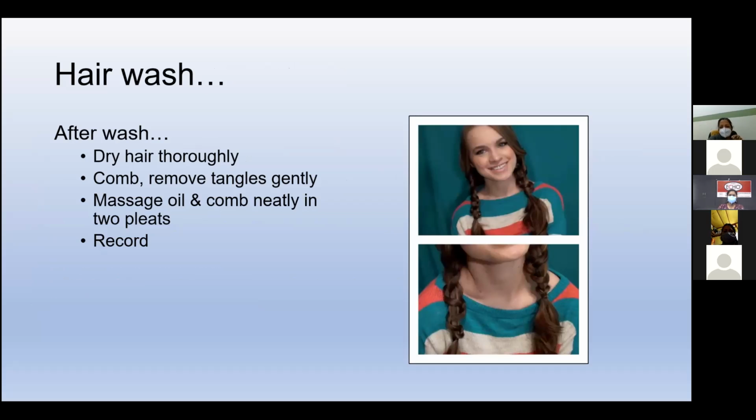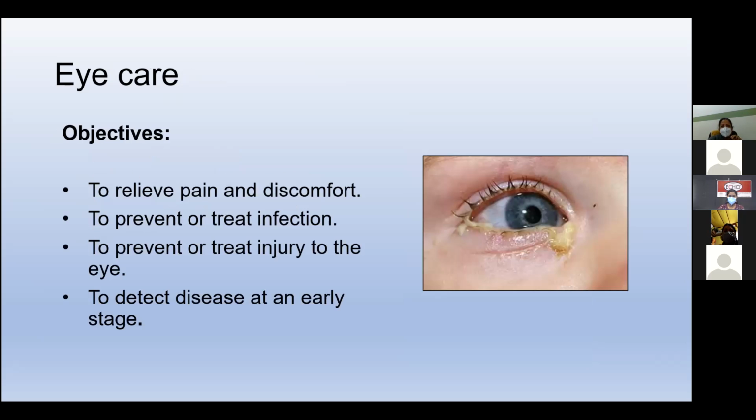When they are in supine position, I mean, when they are in bed, generally they like to tie their hair loose, and two plaits for female patients will be good, so that they can turn their head from one side to another. And of course, when you complete the procedure, record whatever abnormality you have found. Further, if you need to give any treatment for lice infestation, that should be taken care of.